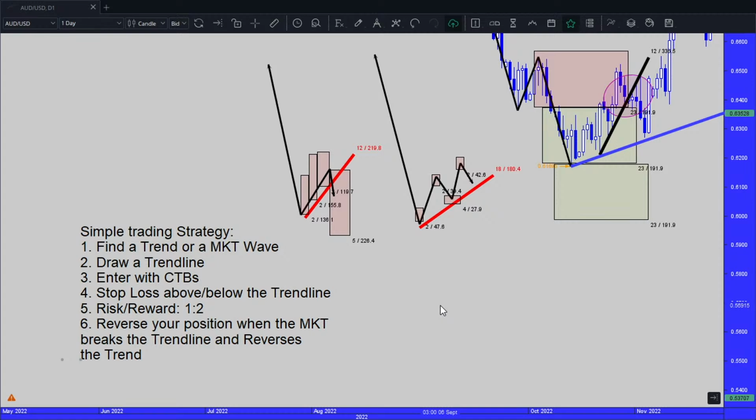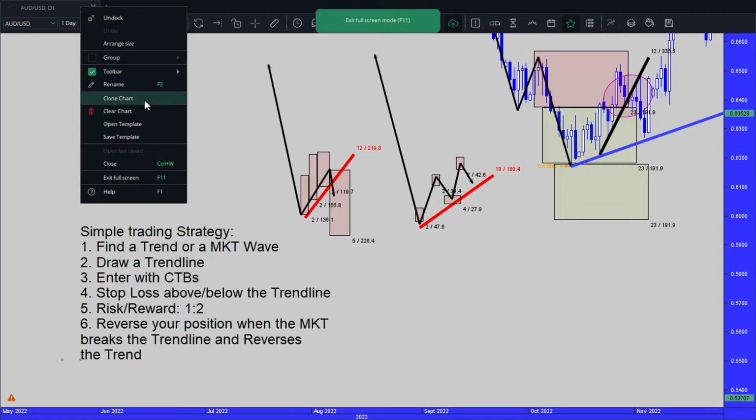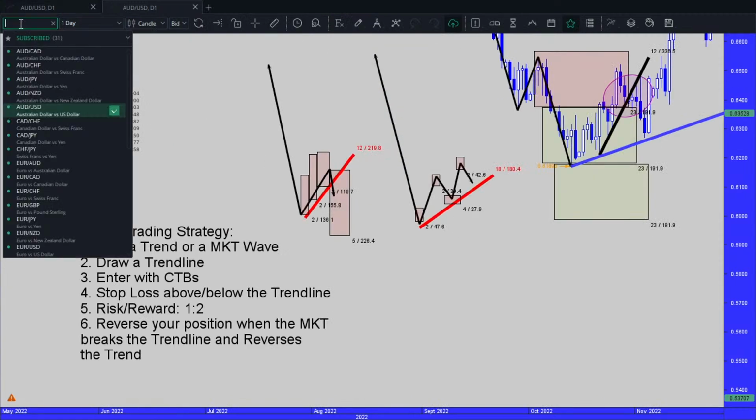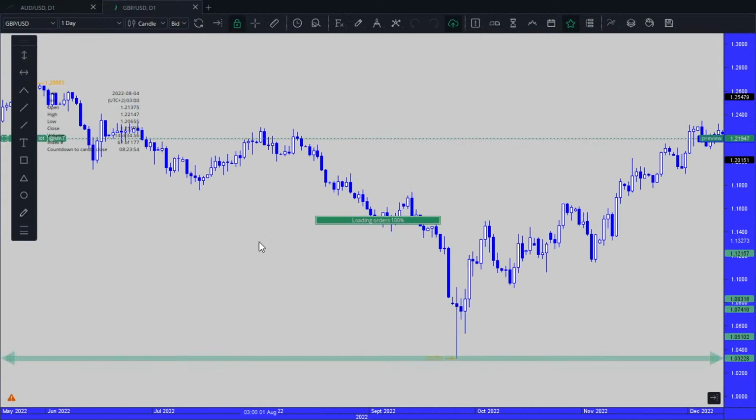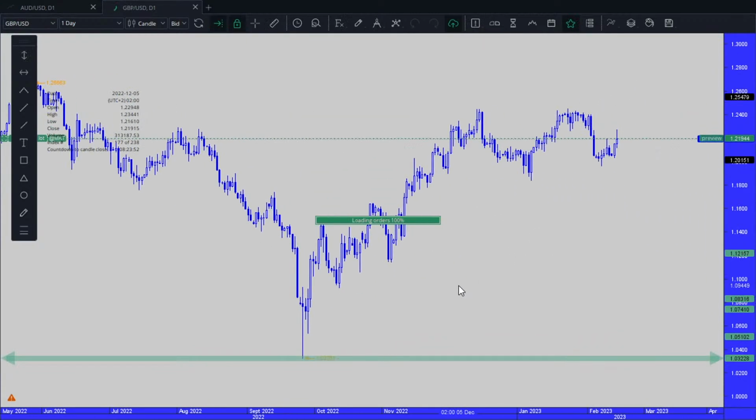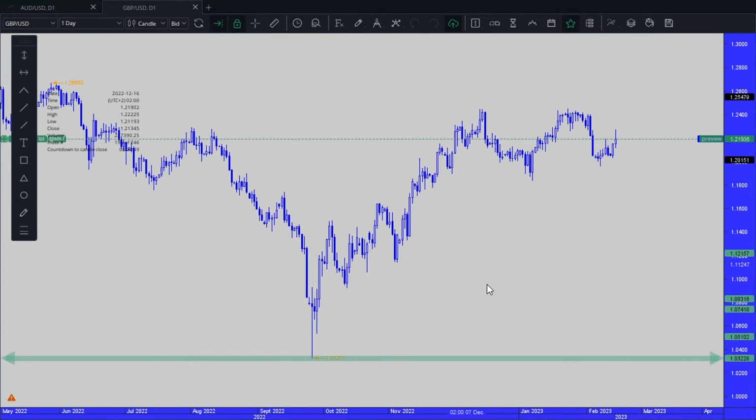GBP USD, what time frame? We have a winner, GBP USD, what time frame? Clone chart, GBP USD. First come, first served.